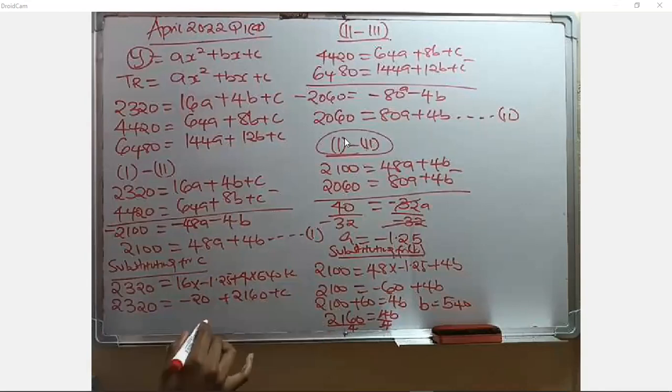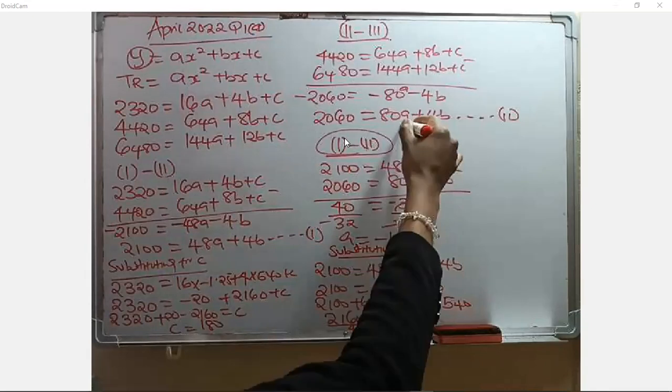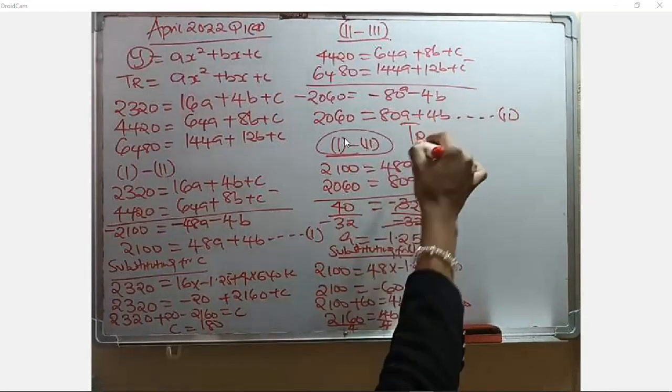Bring them to the other side: 2320 plus 20 minus 2160 equals c. I'm getting 180.